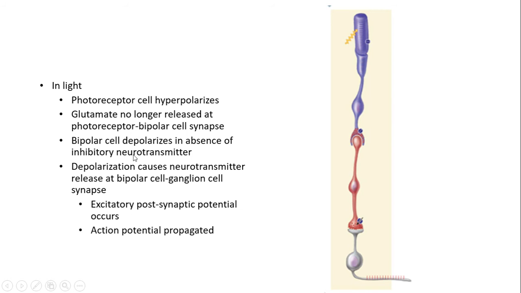Okay, so let's summarize. The photoreceptor cell is hyperpolarized, and the glutamate is no longer released at the photoreceptor-bipolar cell synapse. The bipolar cell depolarizes in the absence of inhibitory neurotransmitter, and depolarization causes neurotransmitter release at the bipolar cell-ganglion cell synapse, causing an EPSP for the ganglion cell, and you get your action potential to be propagated across.